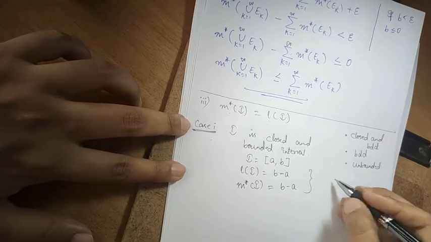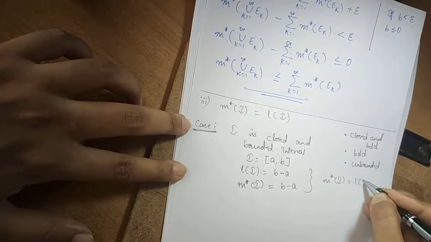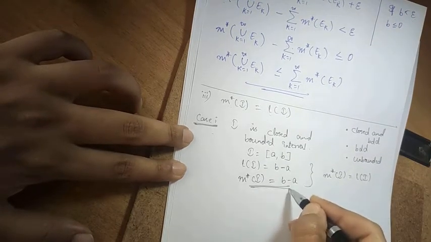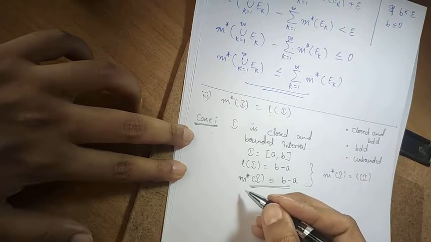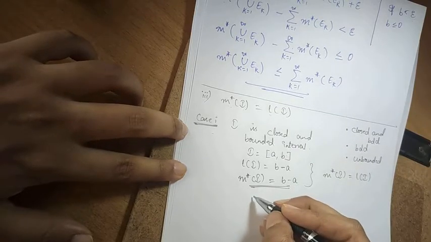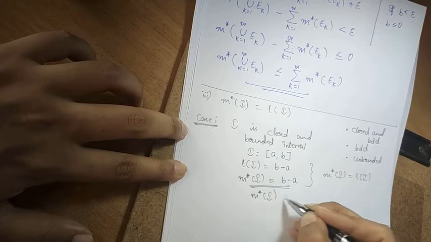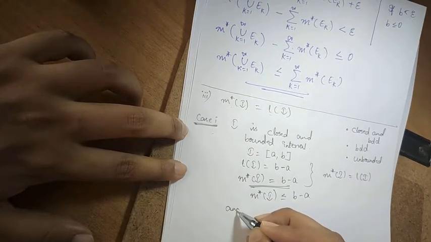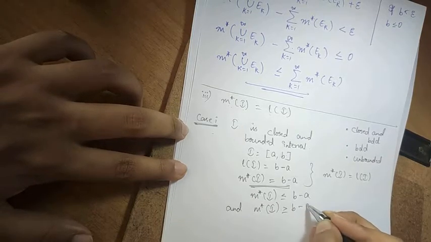Then we can say that m star of I is equal to L of I. In order to prove this, we will prove two inequalities. To prove equality, we show m star of I is less than or equal to b minus a, and m star of I is greater than or equal to b minus a.